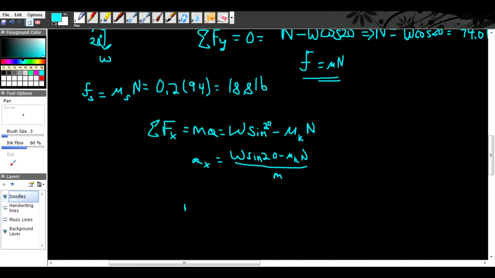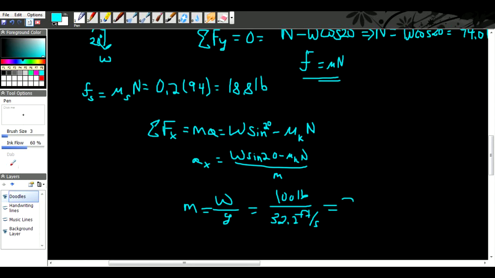The mass of the crate is the weight over the acceleration of gravity, which is 100 pounds over 32.2 feet per second squared, because this is English units and not SI.